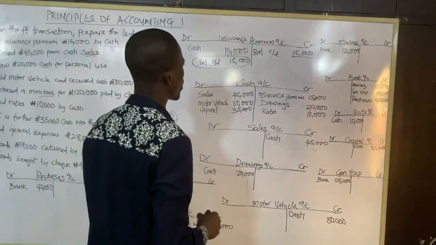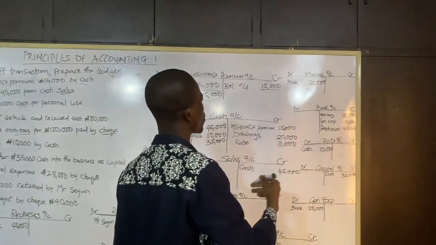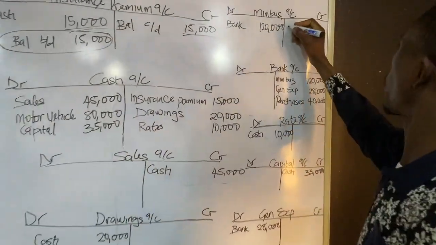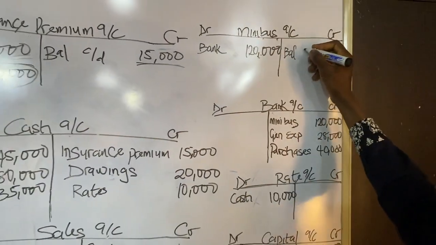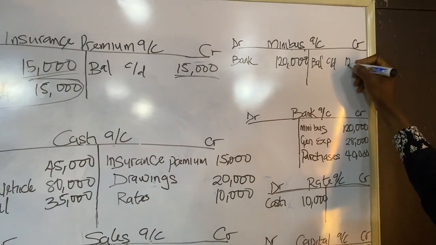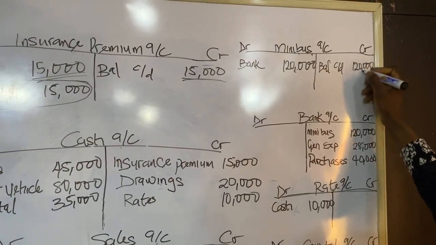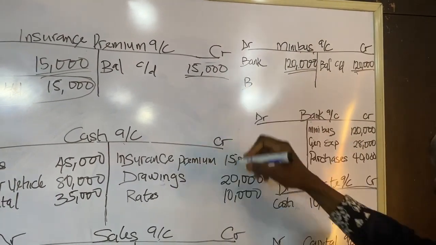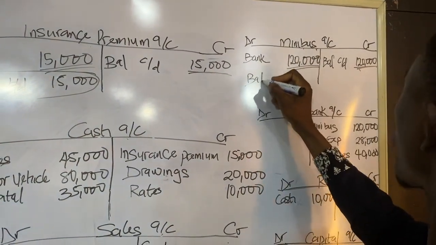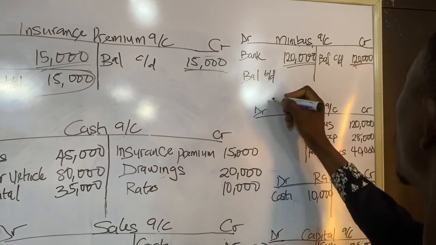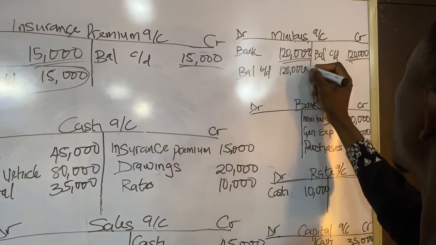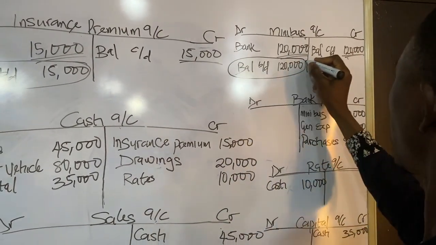The same thing applies here. If this is the only thing you did, balance carried down 120,000 naira to balance it. Then you bring it down to the following year or month. Balance brought down, 120,000 naira.